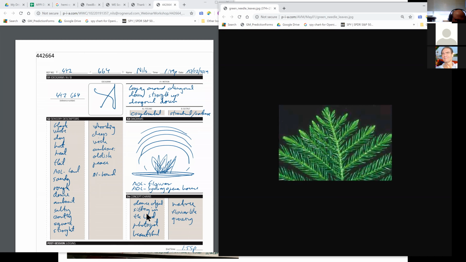And I just can't read your handwriting, but that's another benefit of doing independent judging. Yeah, it says nature, flower-like, growing. Oh, okay. Beautiful photo spot, sitting in the land, dense object. I'm reading back. Oh, I see it. So this is right here.